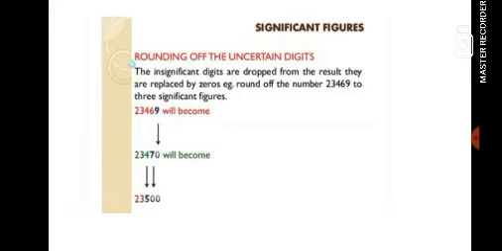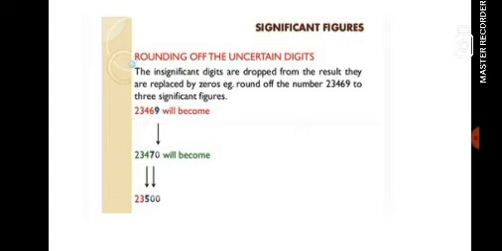Now, rounding off the uncertain digits. The insignificant digits are dropped from the result, or they are replaced by zeros. For example, if you have to round off 23,469 to three significant figures, it will become 23,470 because 9 is greater than 5, so 6 will become 7 and 9 will become 0.